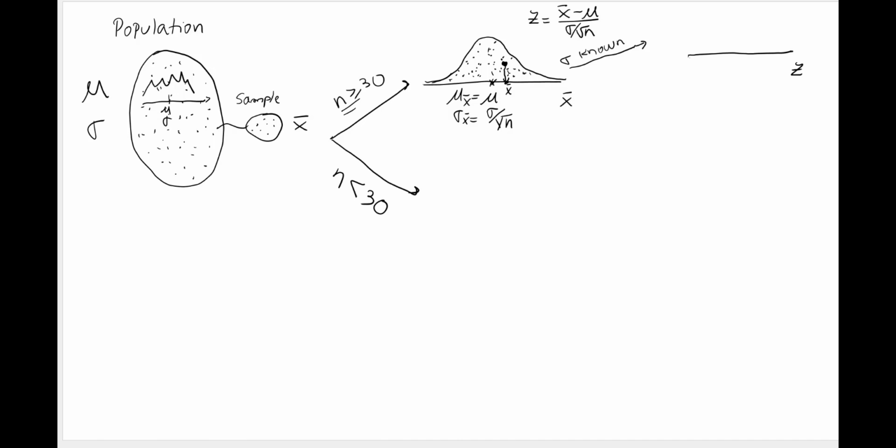If we obtain the z-score of all samples mean, we can obtain that distribution, and we observe that all samples located here have a distance from the center of 0, and this is the mean of the standard normal distribution, and the standard deviation of the standard normal distribution is equal to 1.